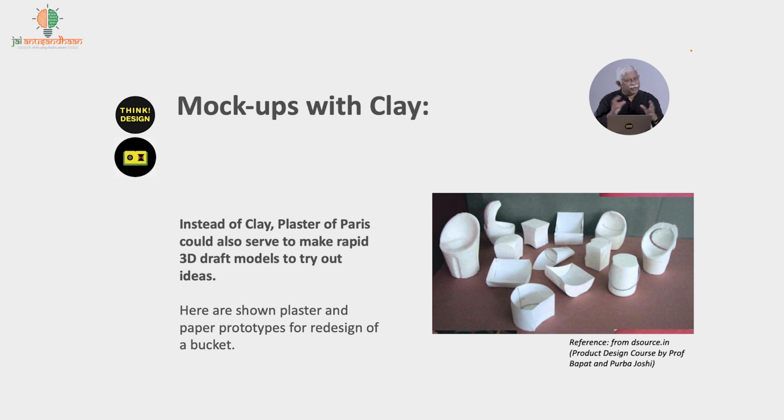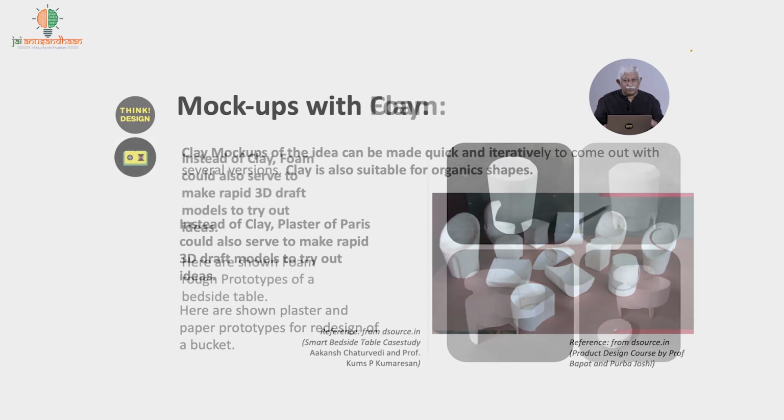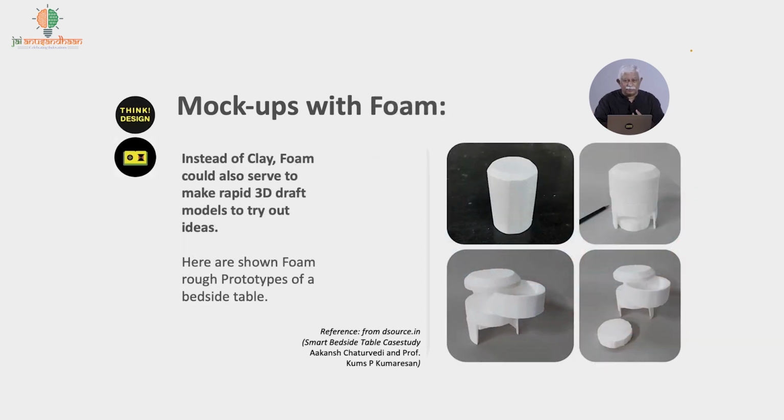Okay, so again, all these are mock-ups just to get the idea that you have in the mind into a three-dimensional surface here. Yeah, so again, it's a very pliable material, so that's why one can use it, and it's also very suited for organic shapes. Okay, so again, foam, which is very close to clay, very easy to work on.